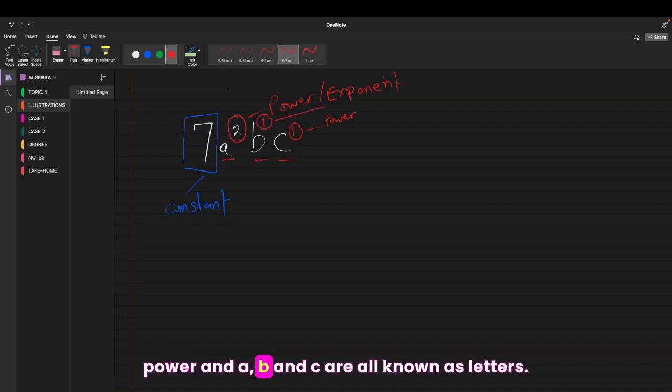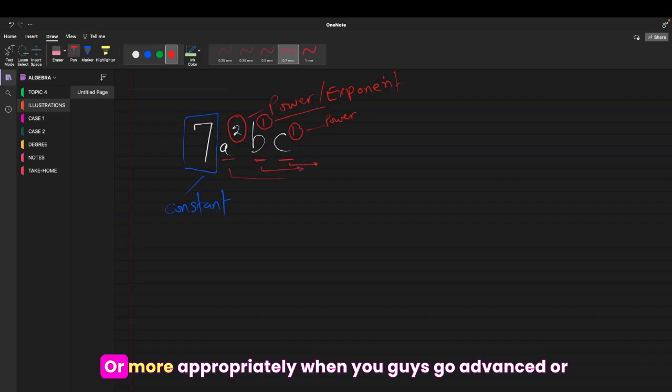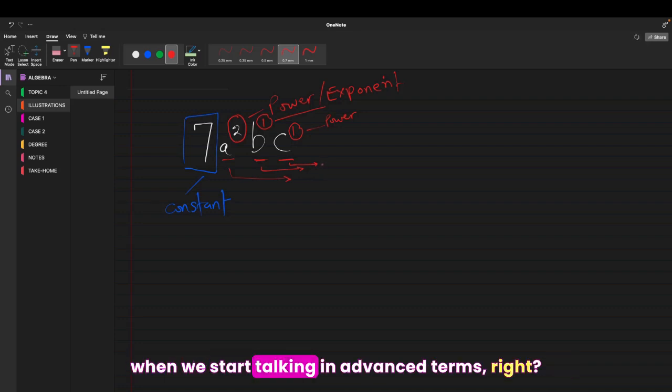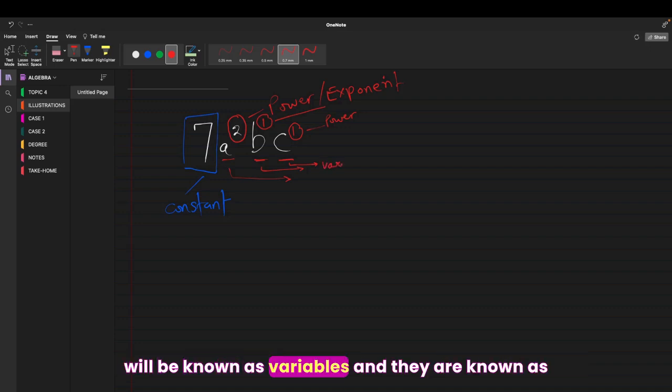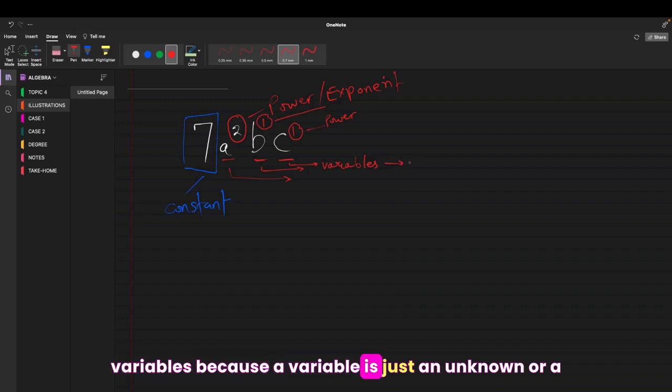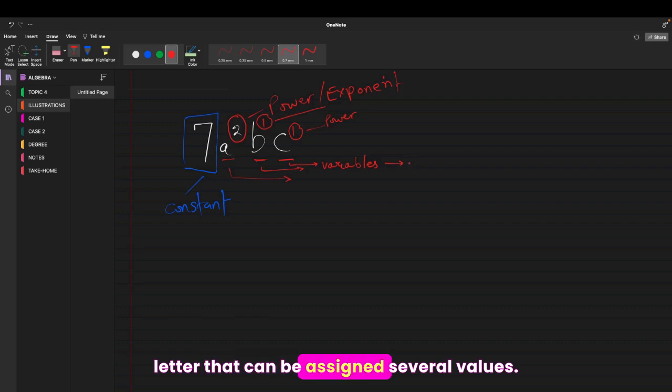And a, b, and c are all known as letters, or more appropriately, when we get to more advanced aspects of algebra, they will be known as variables. They are known as variables because a variable is just an unknown or a letter that can be assigned several values.